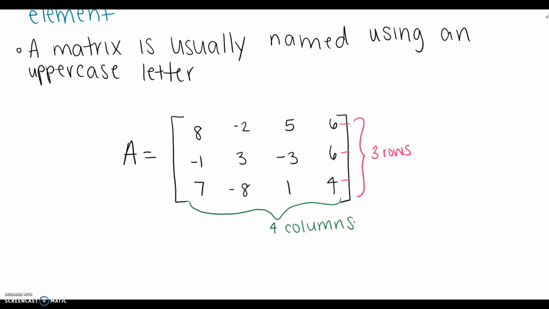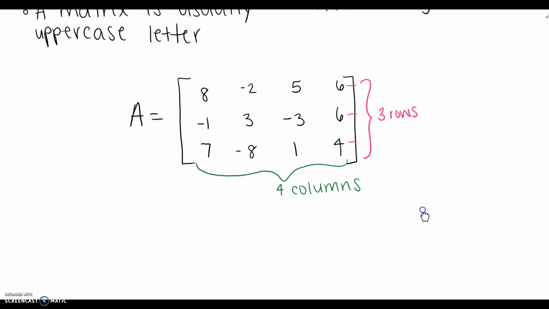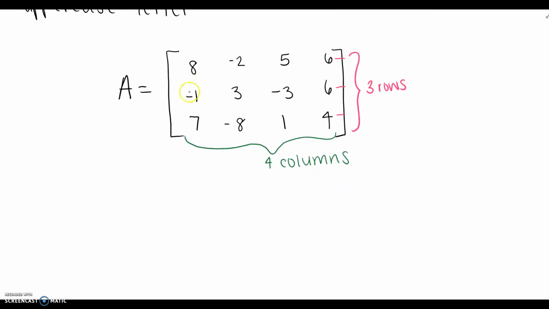Okay. An element, so let's look at the element -1. So element -1 is in row 2, right? So 1, 2, and column 1.